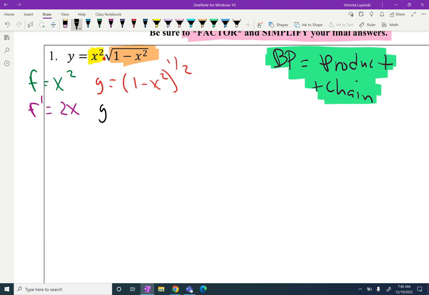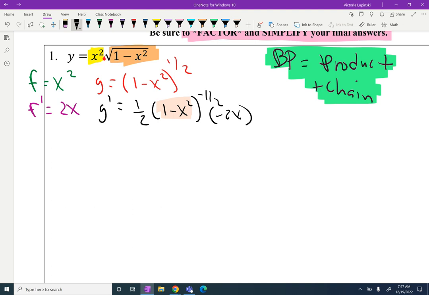Okay, if I'm now going to ask you to take g prime, you're going to bring down the half. You're going to take the whole thing to the 1 less power. And then you have to use the chain rule, which means multiply it times the derivative of the inside, which is what? What's the derivative of 1? 0. And the derivative of negative x squared?